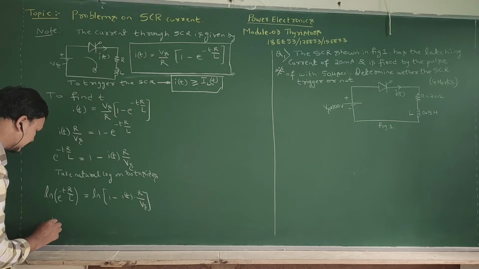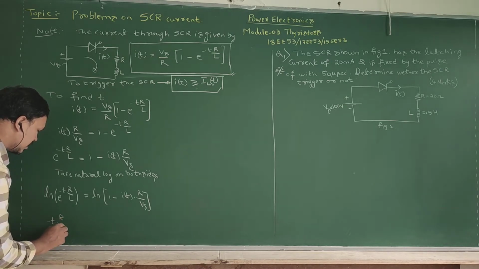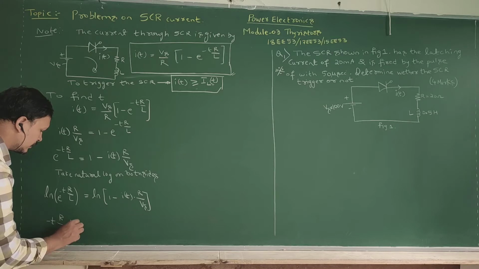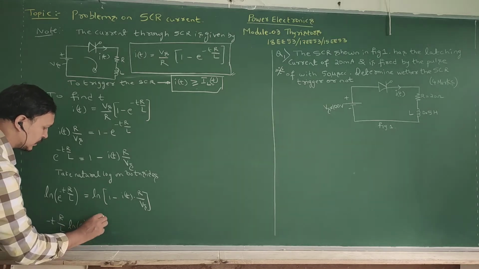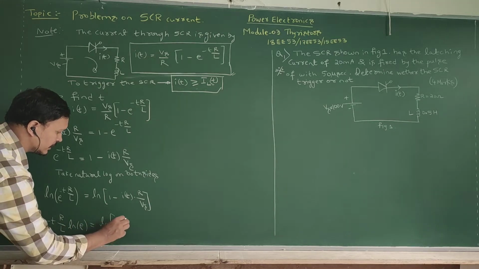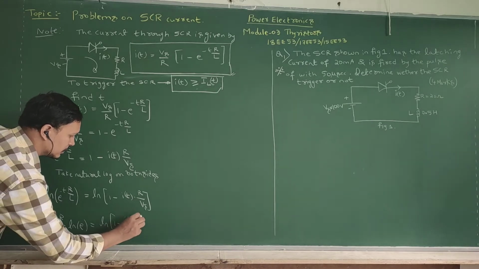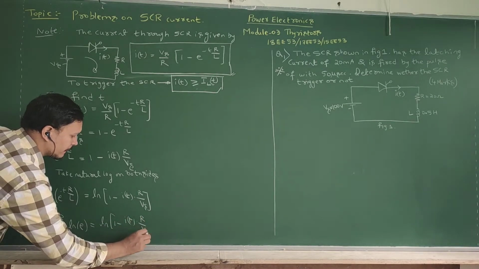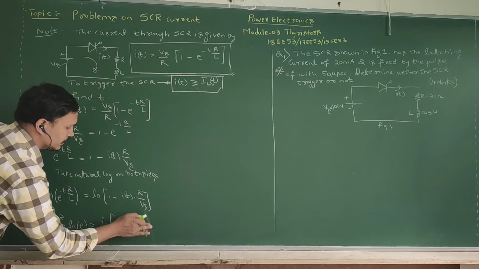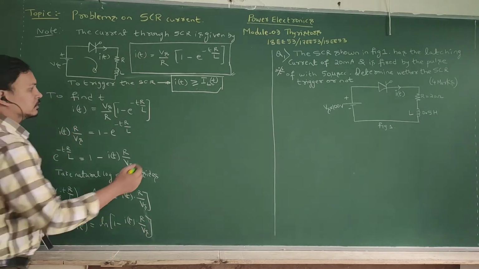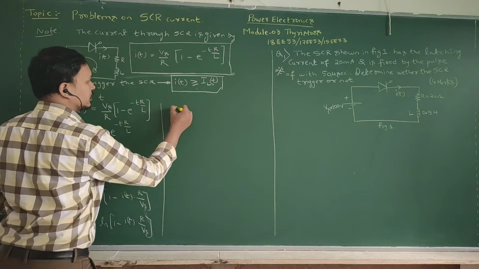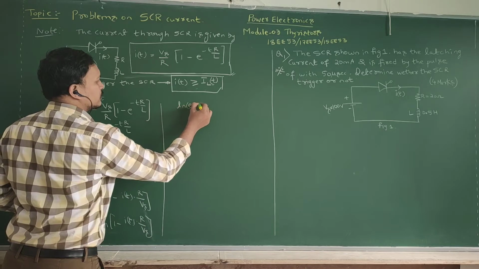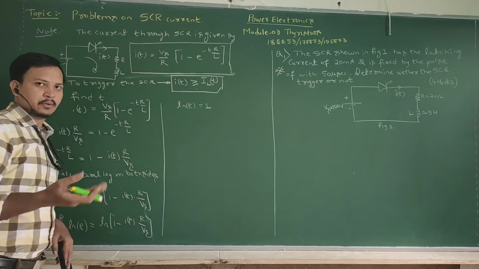Therefore, we can write like this: minus t R by L into ln e is equal to ln of 1 minus I of t into R by Vs. We know that ln e is equal to 1. You can do it in the calculator.